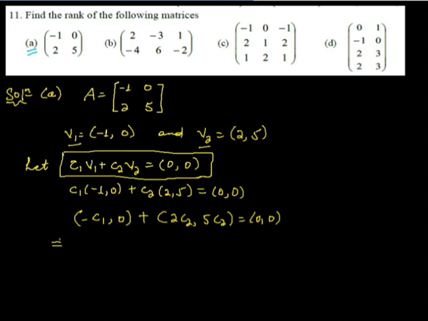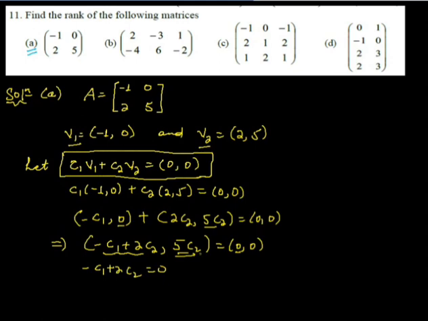So this implies (-C1 plus 2 times C2, 5C2) is equal to (0, 0). Okay, so these two are the same. Minus C1 plus 2 times C2 is 0.